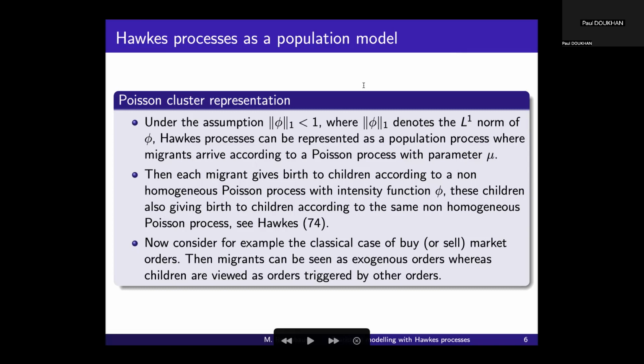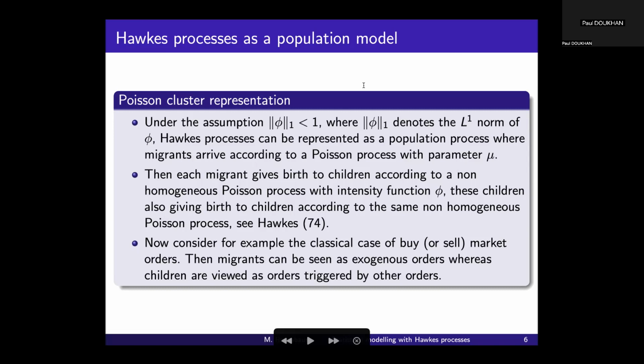The thing is that if you just observe your points, from a statistical viewpoint, you cannot say who is the migrant that triggered this point. So my question: can this whole process be viewed as a Poisson process? No, because you have non-Markov features.